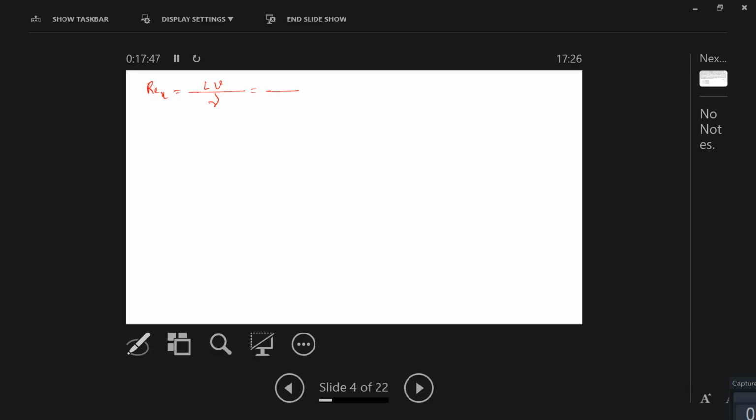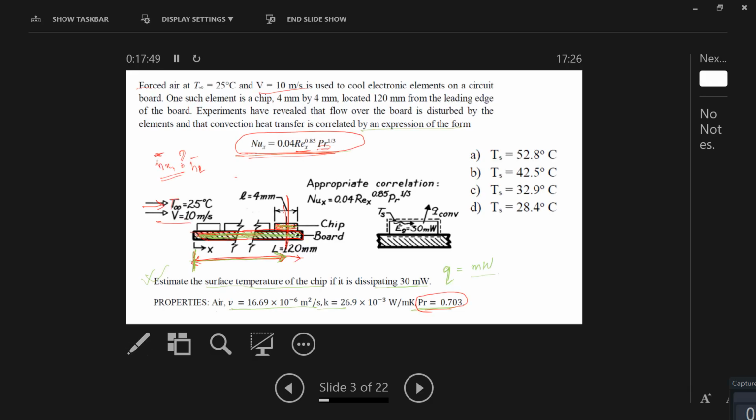So what is L here? L given is this 120 millimeter. And then V is 10 meter per second, and nu is 16.69 into 10 to the power minus 6.